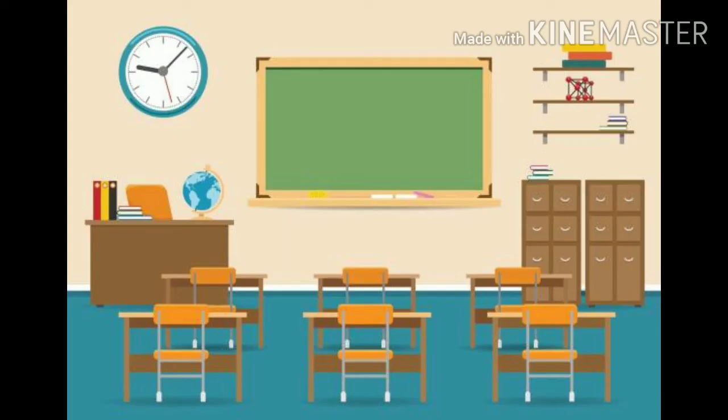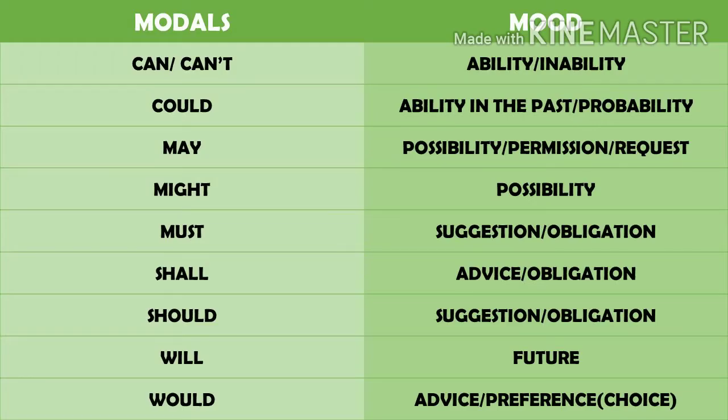So to summarize those modals, we have here the modals and their mood. When we use can or can't, the mood is all about ability, inability. When we use could, it is ability in the past or probability. May, it is a possibility, you're asking for a permission or a request.